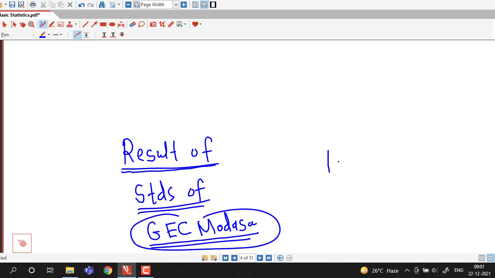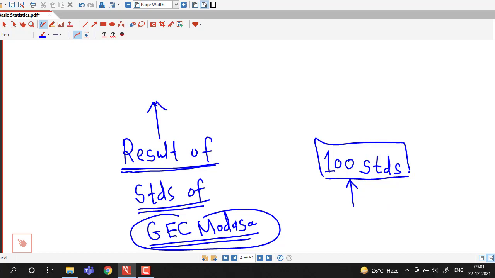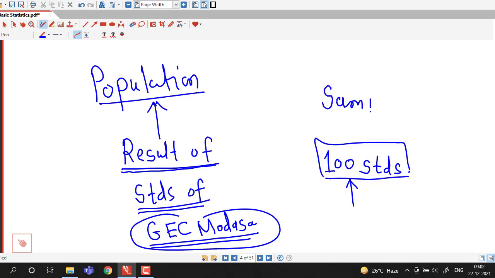Suppose we consider 100 students of some different branches, and we study the result of this small group instead of this large group. This large group, which contains all the possible elements under study, is known as population, and the subset of this population is known as sample.